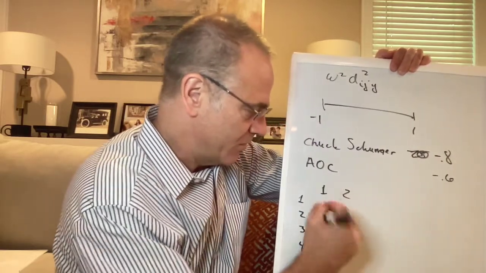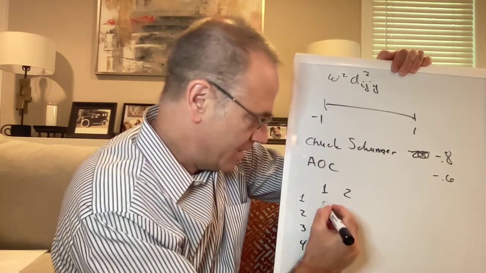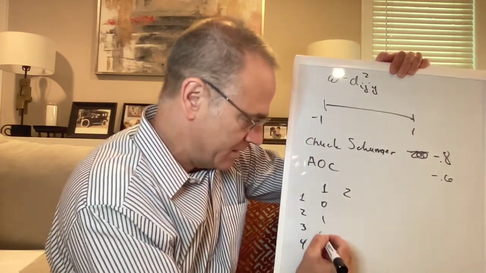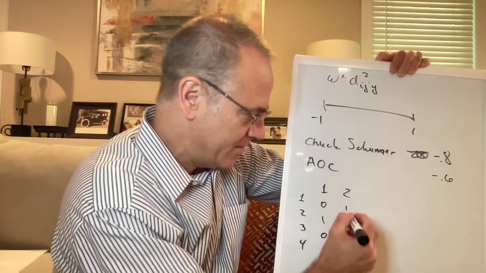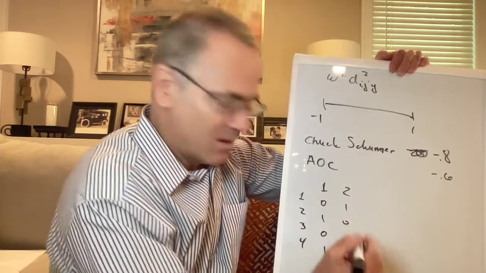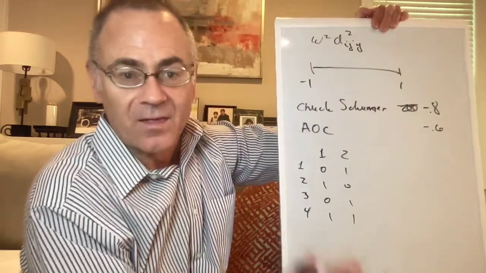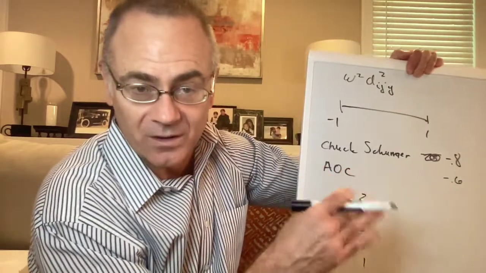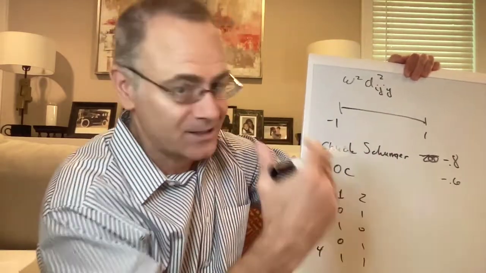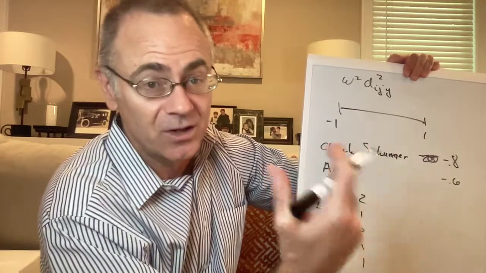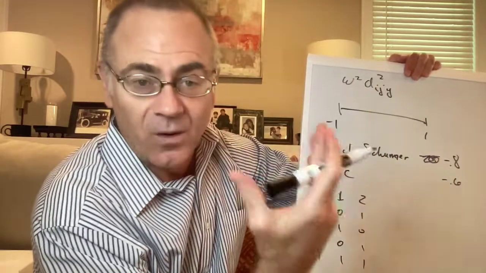Third column's votes on roll call vote 2. And this will just be zeros and ones to indicate whether they voted yay or nay. And so on, okay? That's what the data is going to look like, and that's all the data Poole and Rosenthal used to estimate these ideal points.